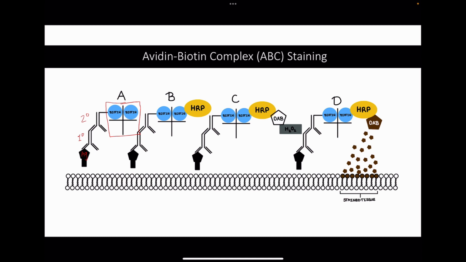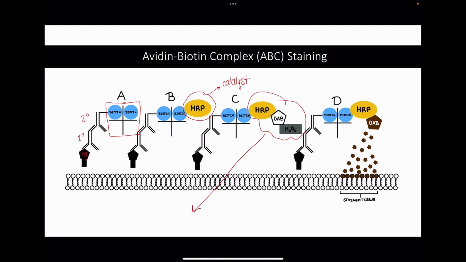This complex is going to call upon HRP, horseradish peroxidase, which is essentially a catalyst. It will catalyze a reaction between DAB, which is diaminobenzidine, and H2O2, which we know as hydrogen peroxide.